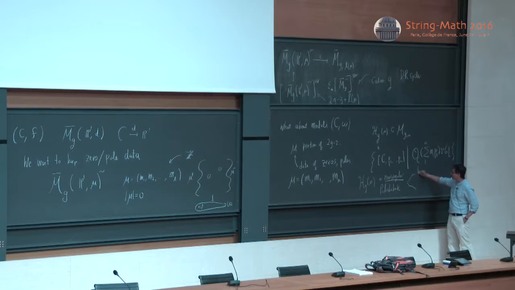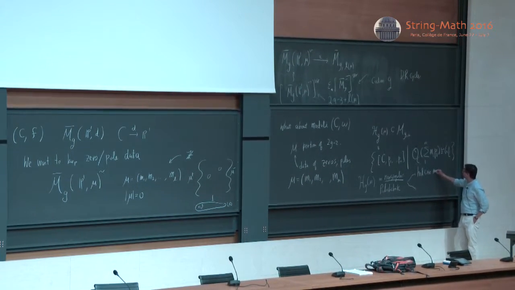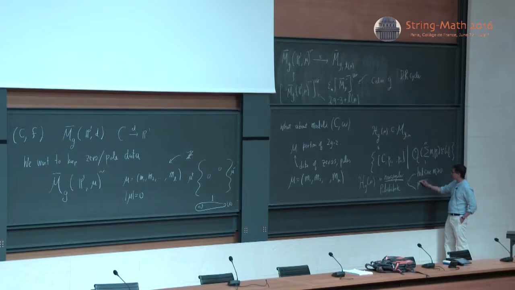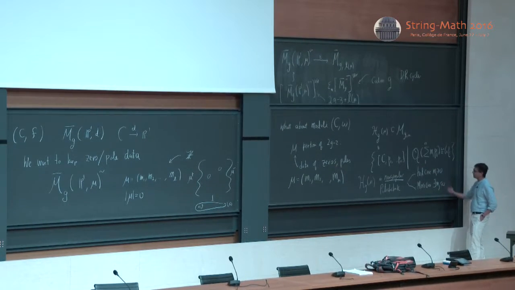The holomorphic case is when all the parts are greater than or equal to 0. And the strictly meromorphic case is that there exists some part that's strictly negative.